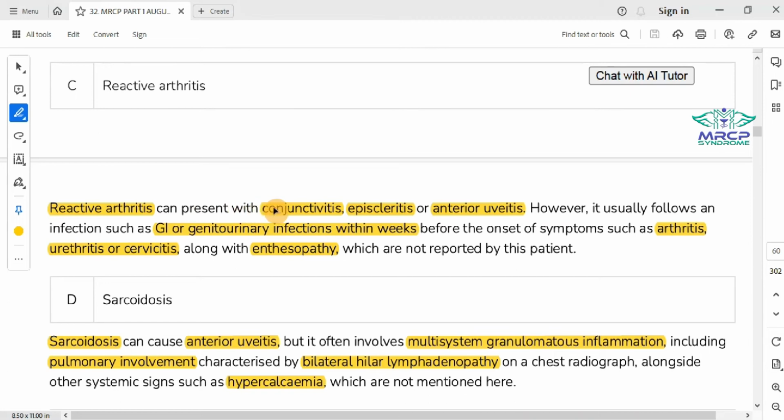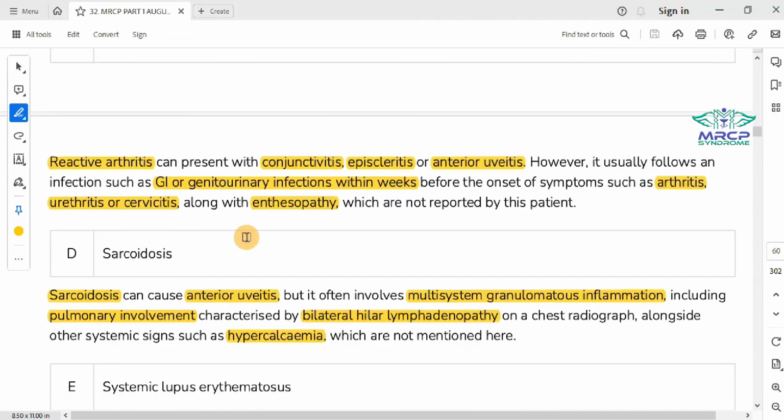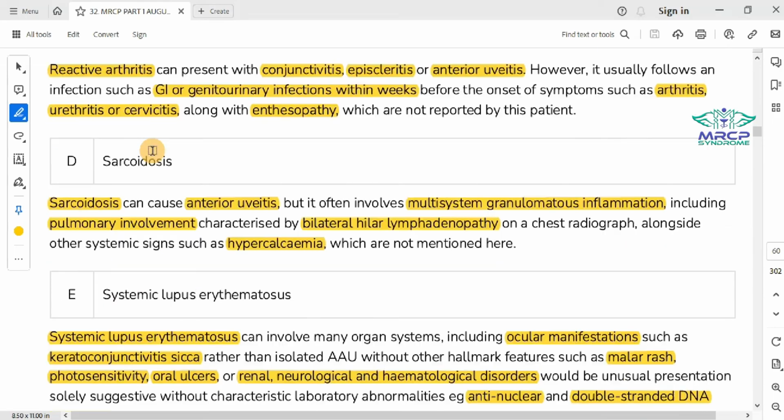Reactive arthritis can present with conjunctivitis, episcleritis, and anterior uveitis. However, it usually follows an infection such as a GI or genitourinary infection within weeks before the onset of symptoms such as arthritis, urethritis, or bursitis, along with enthesopathy, which are not reported by this patient.